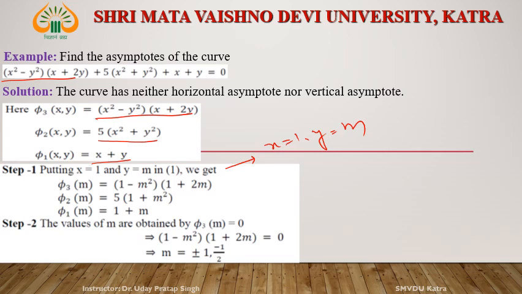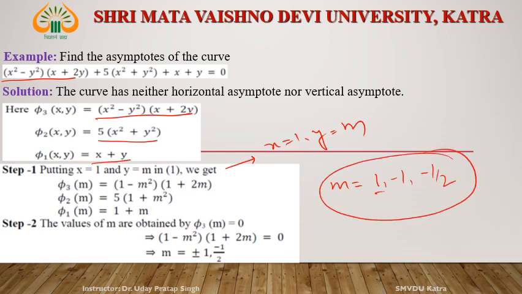Phi 2m, with x equal to 1 and y equal to m, is 1 plus m square. Phi 1m is 1 plus m, right? Now evaluate phi 3m is equal to 0. That is 1 minus m square, 1 plus 2m. Then m is equal to 1, minus 1, minus 1 by 2.